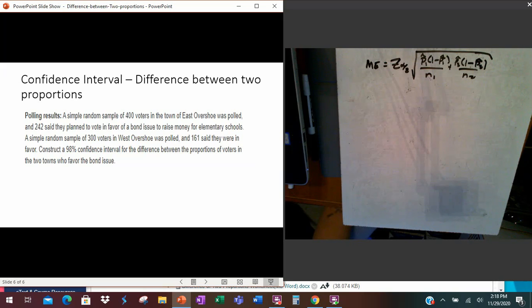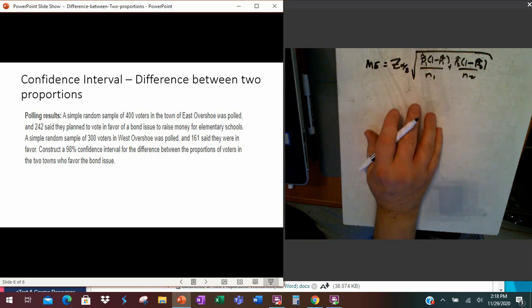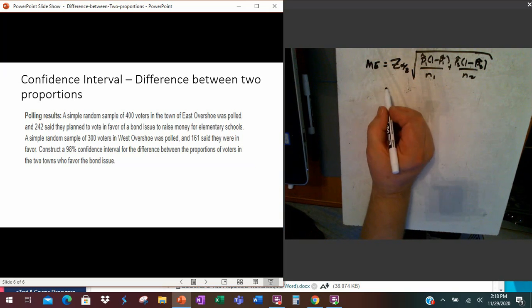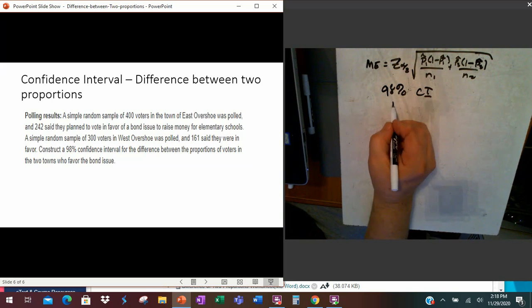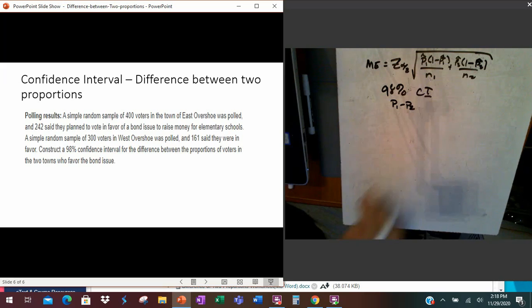Construct a 98% confidence interval for the difference between the proportion of voters in the two towns who favored the bond issue. Here, no claims, we're just going to build a 98% confidence interval for the difference between the two proportions.